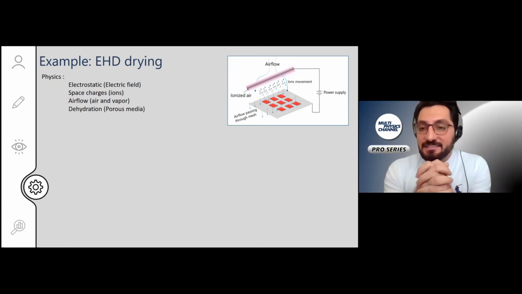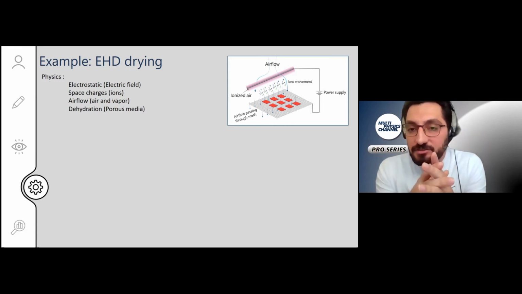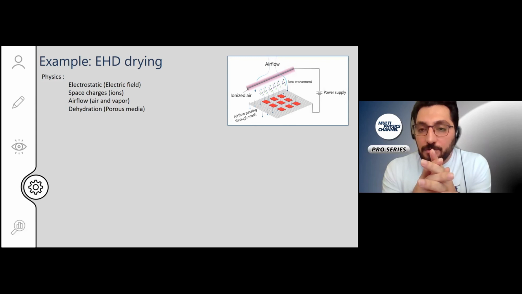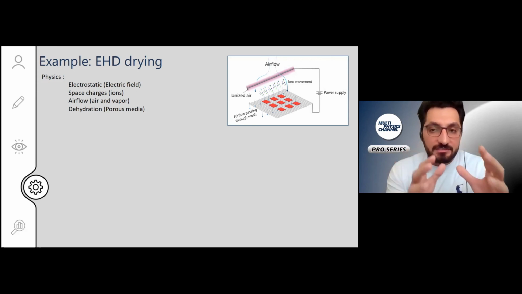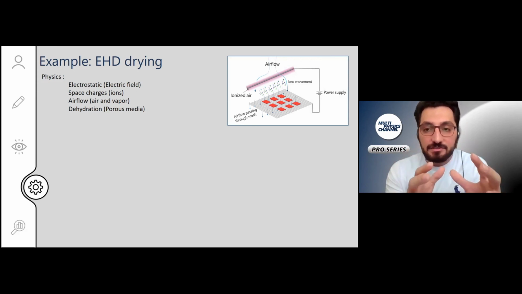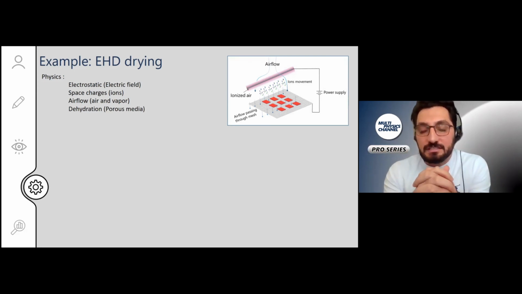Let's go to this example and apply what we learned so far. Here is an example of my simulation that is a model of electrohydrodynamic drying in which we have an airflow generated by the electric field, and we want to dry some materials like fruits and vegetables that are on that mesh with this airflow which is generated by the electric field.